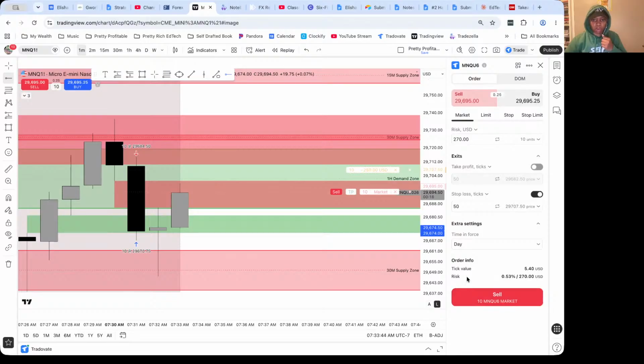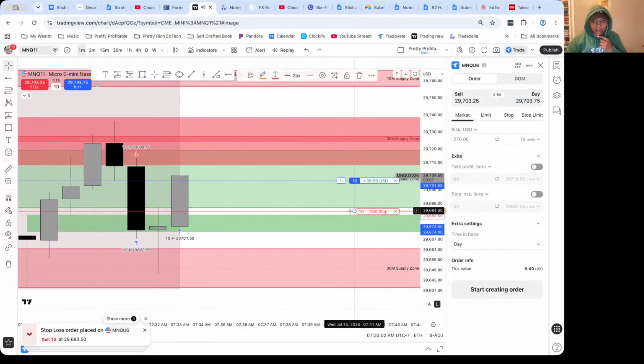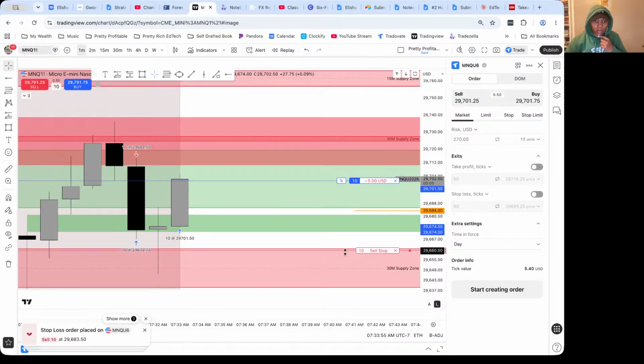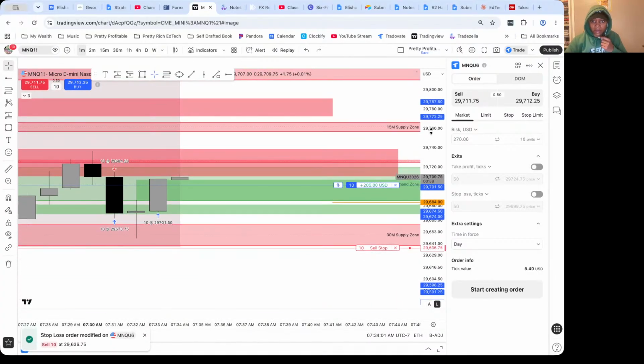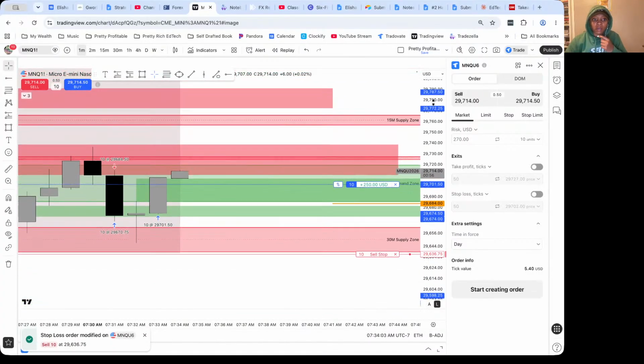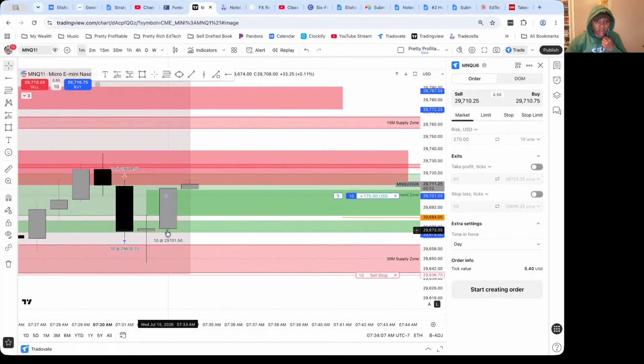Enter another sell. Enter buy. Where's my TP at? Move this take profit. It's off of this supply zone. Where's my take profit? Where did I enter?